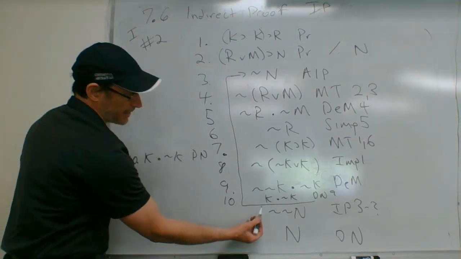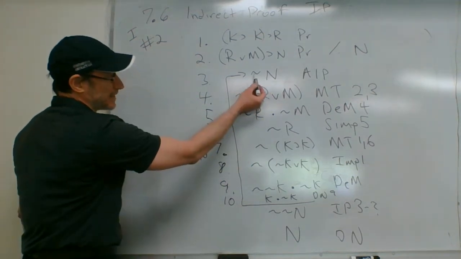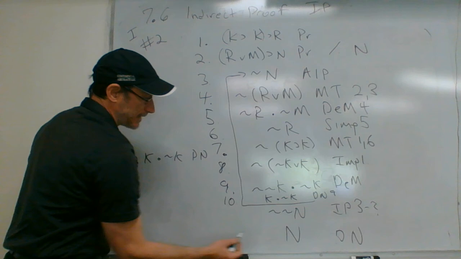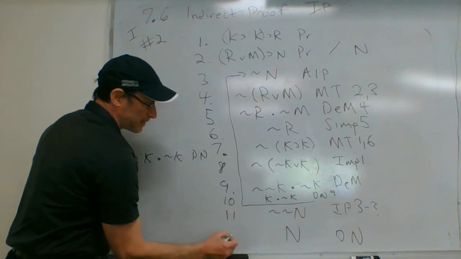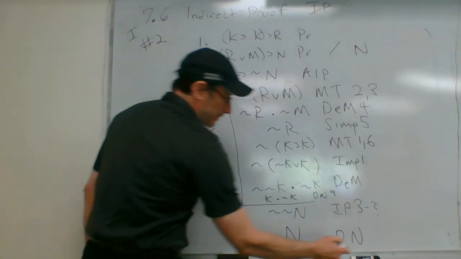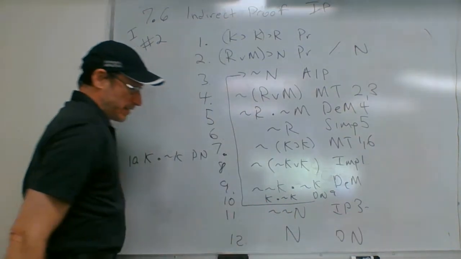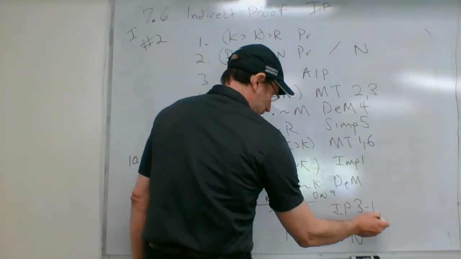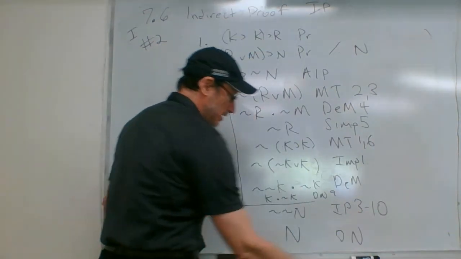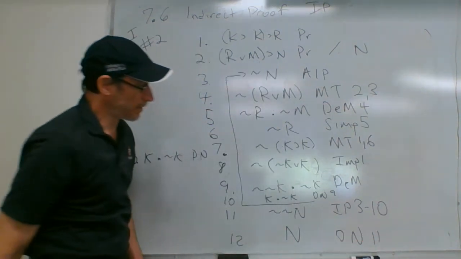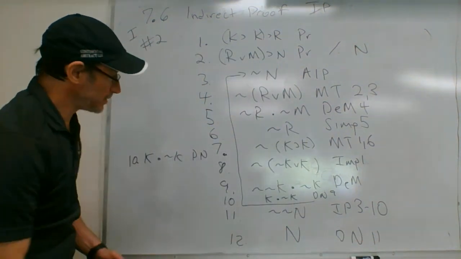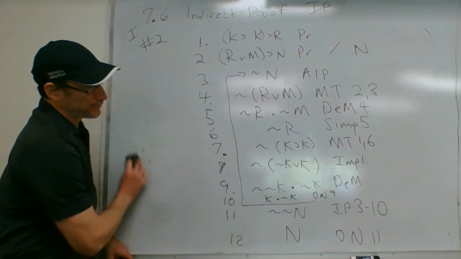And now I have my contradiction, which means that not N can be negated. This would be 11, this would be 12, and filling in the numbers, that would be 3 through 10, and this would be double negation on 11. I think I've got my numbers right, even though, sorry, it's a little bit small in there.